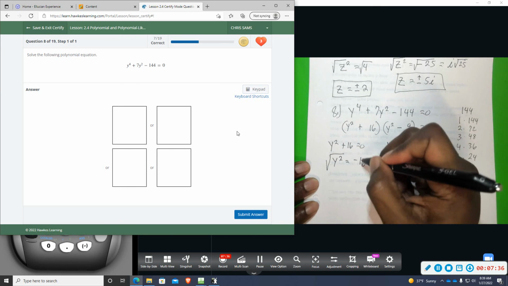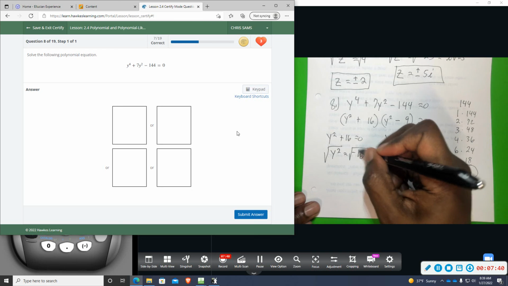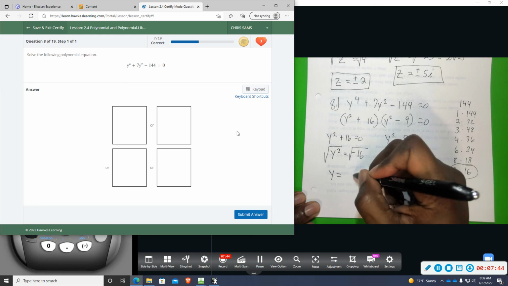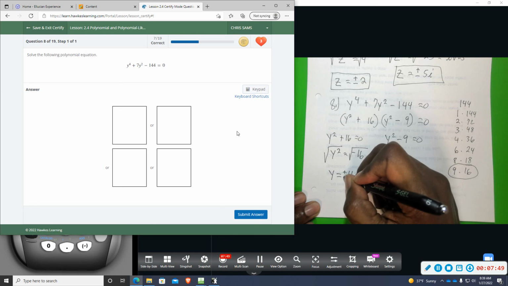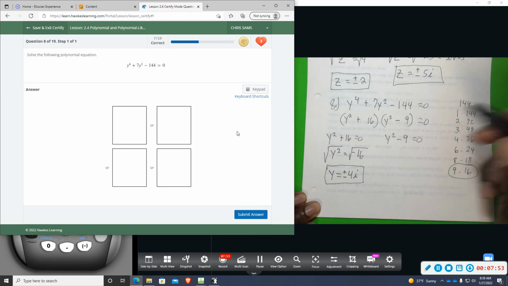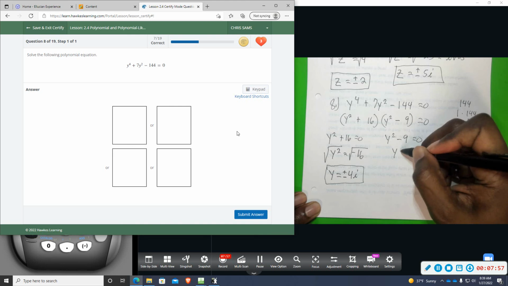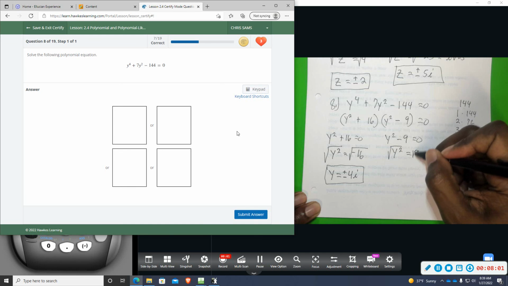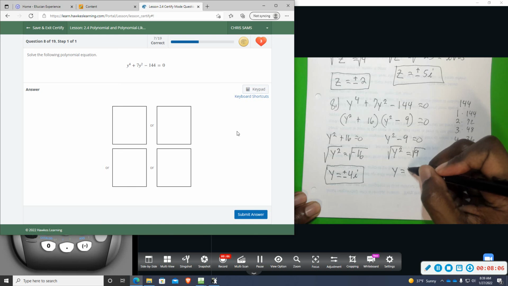Take the square root, and then since the negative under the square root is going to be imaginary, we get y equals square root of 16 is 4i. And you cannot forget your plus or minus when you take the square root of a number. So we got positive or negative 4i. Then over here we will add 9. Y squared equals 9. Take the square root of both sides. And we get y equals 3, positive or negative.